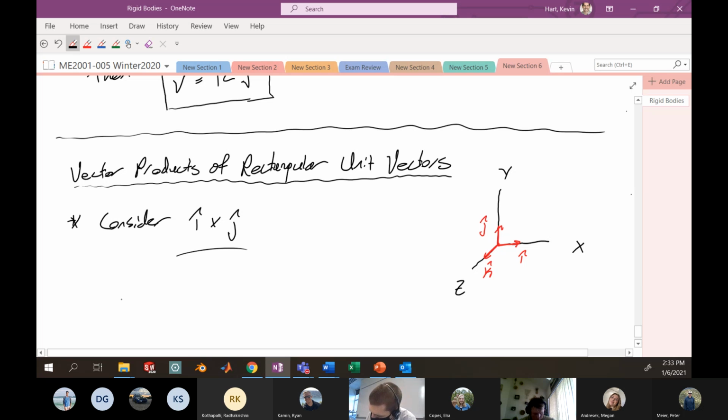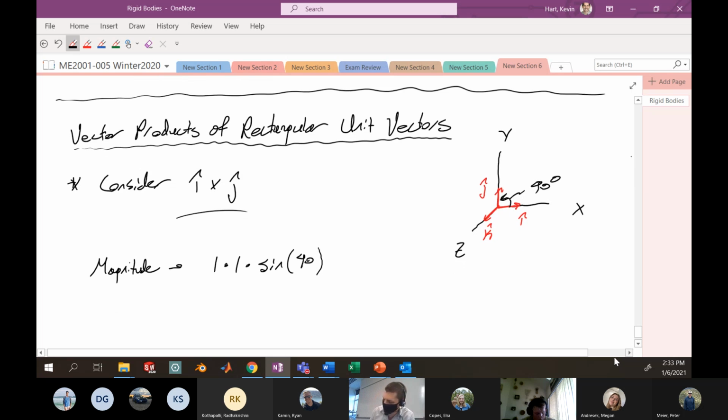So for I cross J, the magnitude will be 1 times 1 times the sine of the angle between I and J. Well, if I'm doing I cross J, this particular angle here is 90 degrees, and it's positive. So the magnitude of this cross product is going to be 1 times the sine of 90 degrees, which is 1. So the magnitude here is just going to be 1.